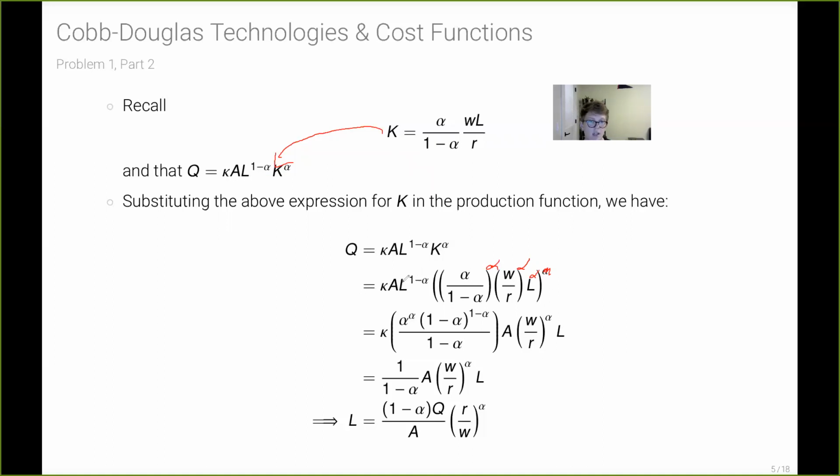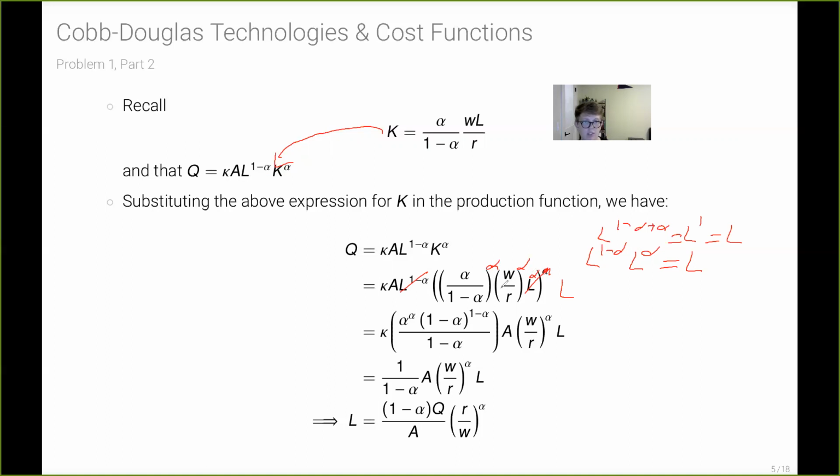So notice that this here is L to the 1 minus alpha, and then this is L to the alpha. If we add these exponents together, we get L to the 1, so that's L. So we can combine these two terms, and they'll just become L here.